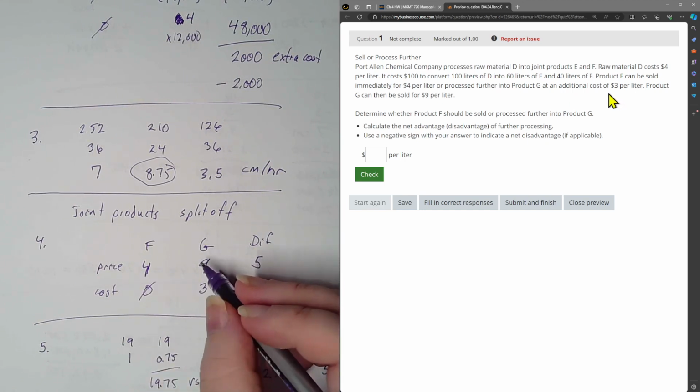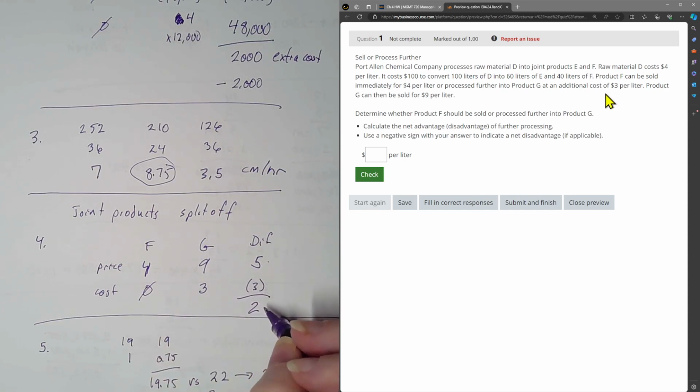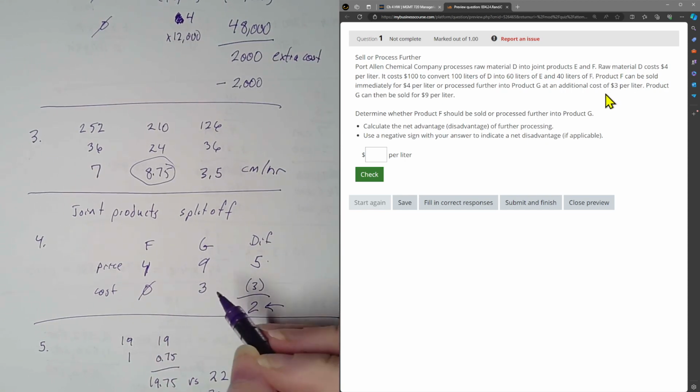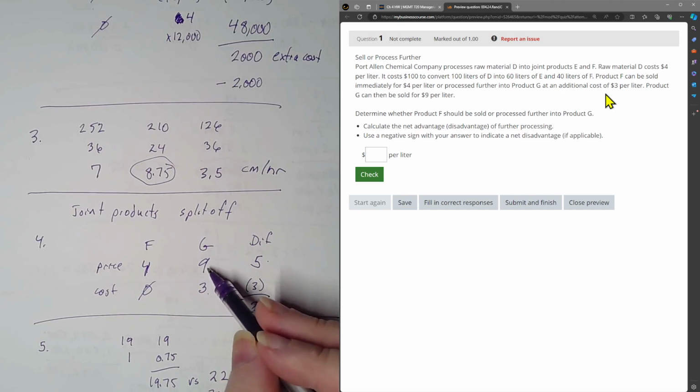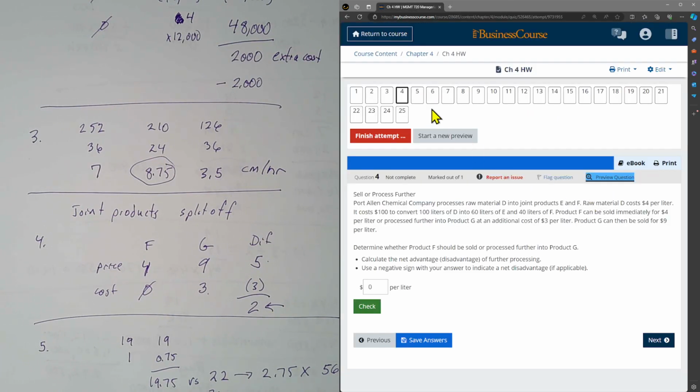Our differential analysis. The difference in price is $5. The difference in cost is minus $3. So if we spend an extra $3, we can sell it for $9, meaning the difference between the two is $2. So calculate the net advantage after further processing. It'd be $2 per liter. And there it is.